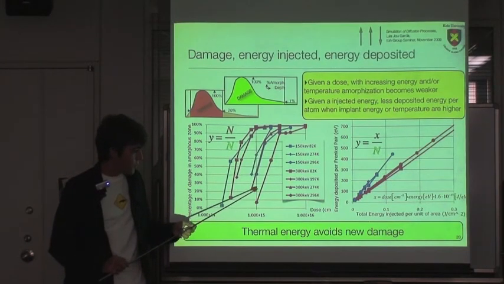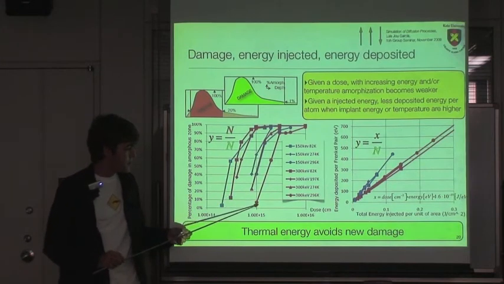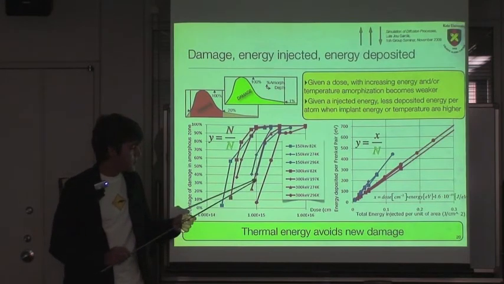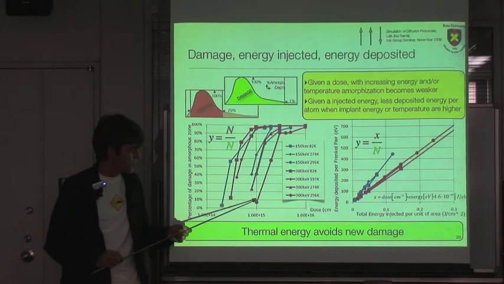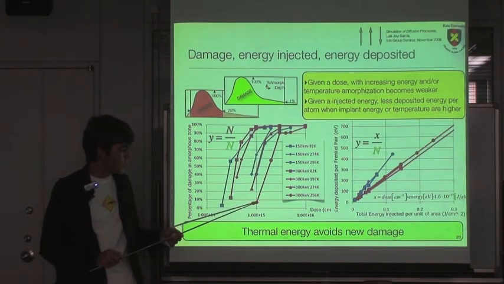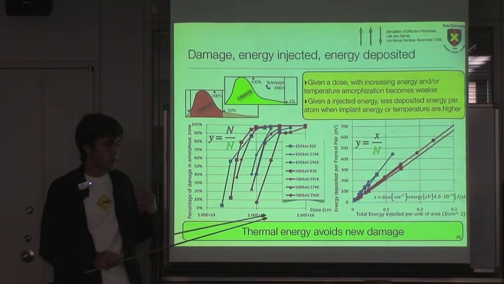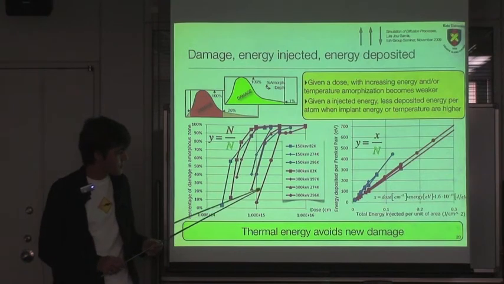And also for high energies, the percentage of amorphization is lower. Why? Because if we have more energy, it is supposed to create more damage.